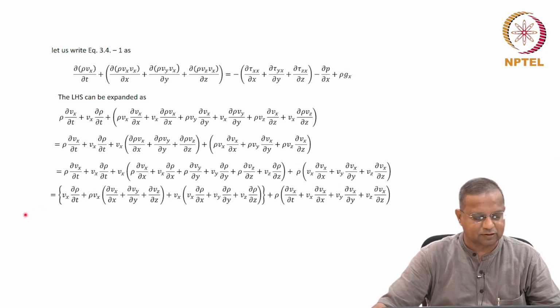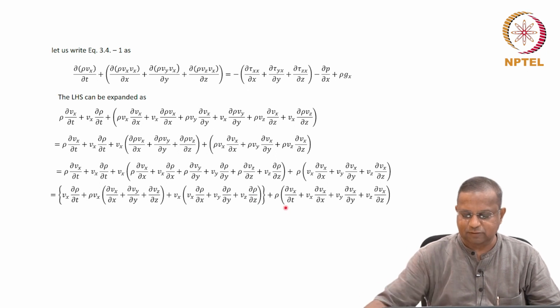Density is outside here. So let me combine this to write it as the substantial derivative: ρ times ∂Vx/∂t plus Vx ∂Vx/∂x plus Vy ∂Vx/∂y plus Vz ∂Vx/∂z. This is nothing but capital D/Dt of Vx, and of course there's a ρ here.